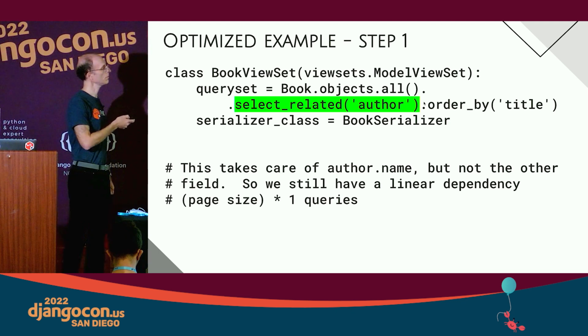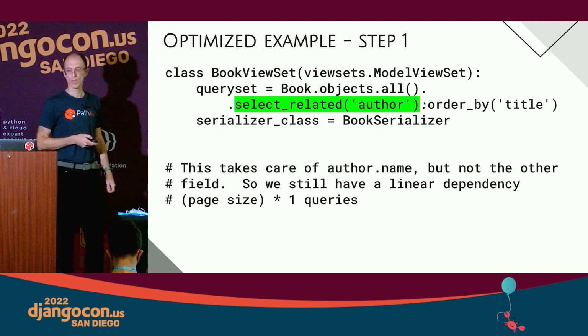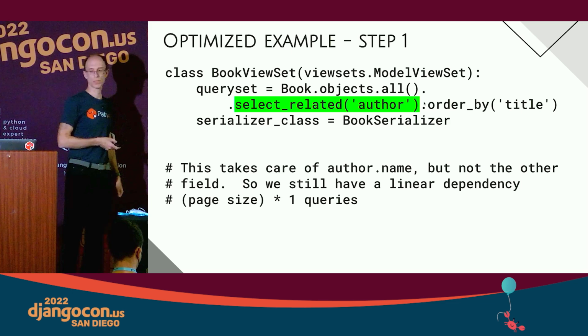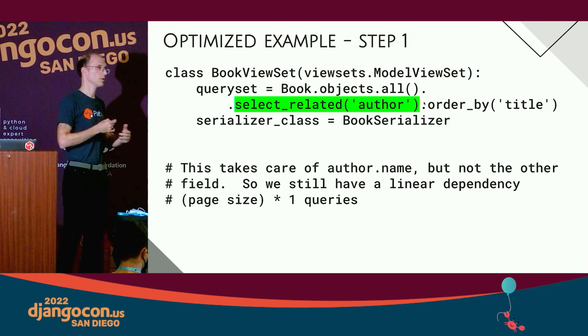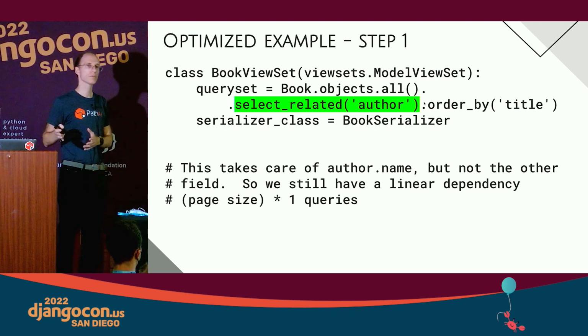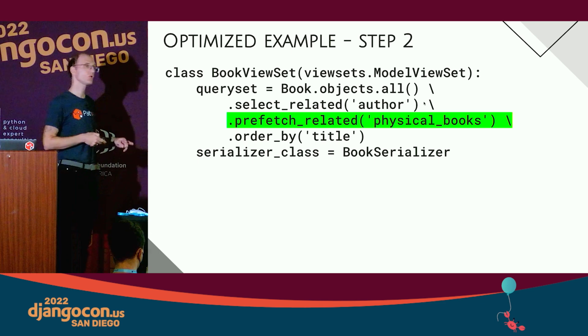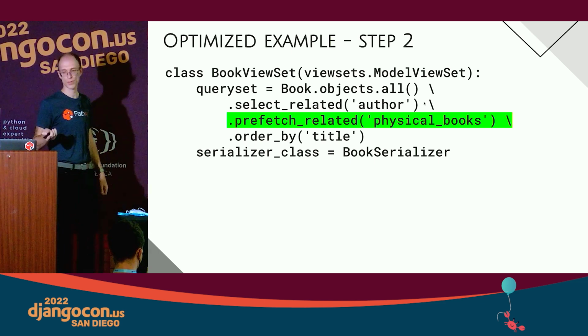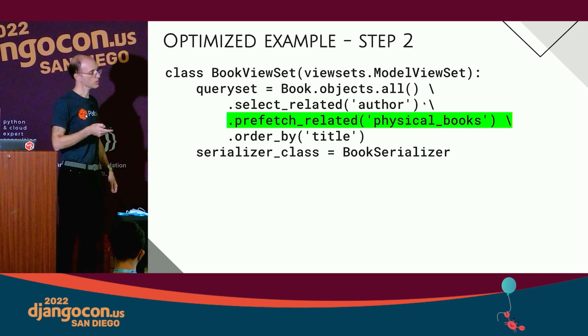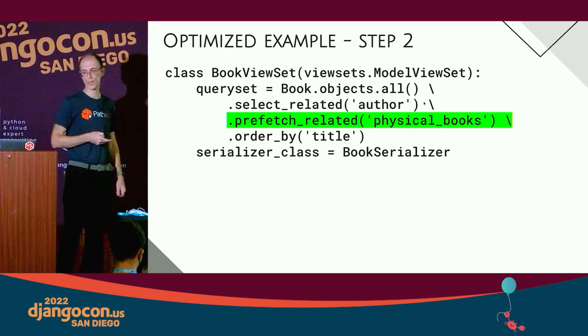So this is the first and very simple fix, where you just tack on select_related on the author, and the author will be there in the same query, and then any later references to it will not cause any more queries. That solves one of the two. We're still left with the other one, and the other one actually takes two steps. First, you want prefetch_related, and because this is the reverse relation, that's why prefetch_related comes into play compared to select_related.